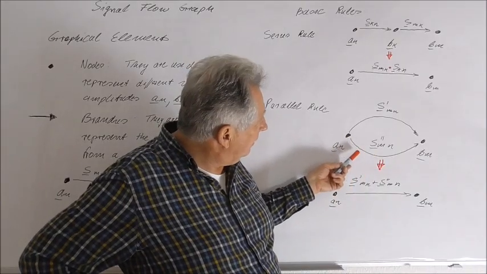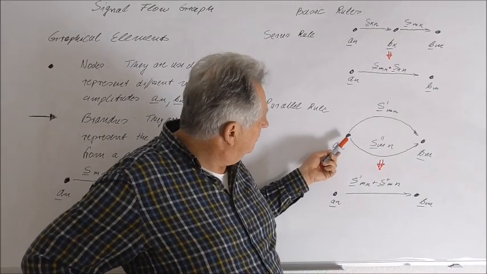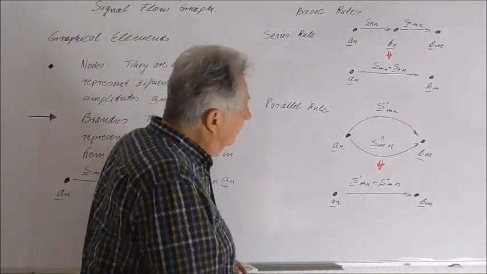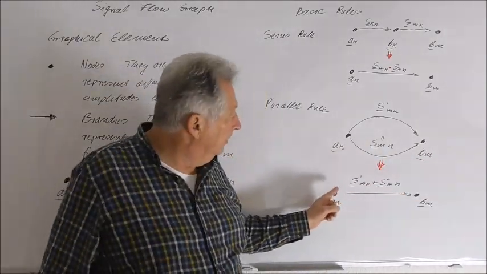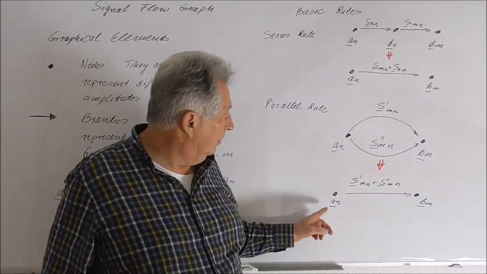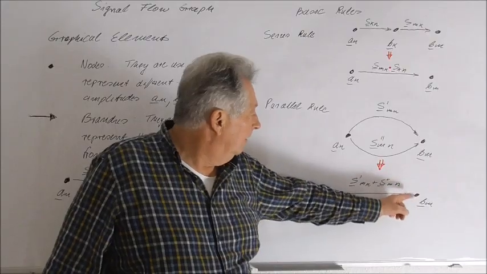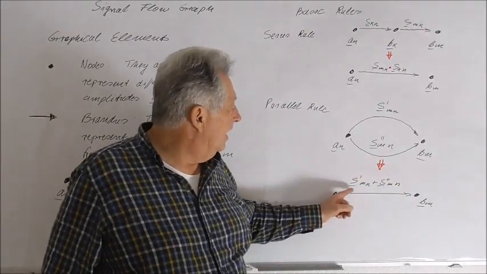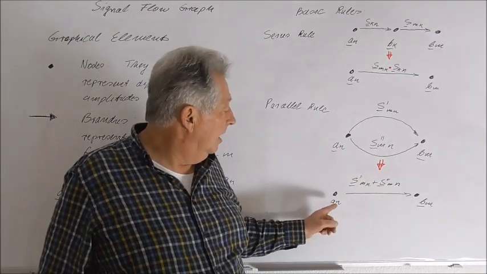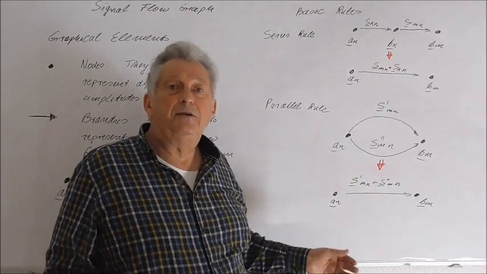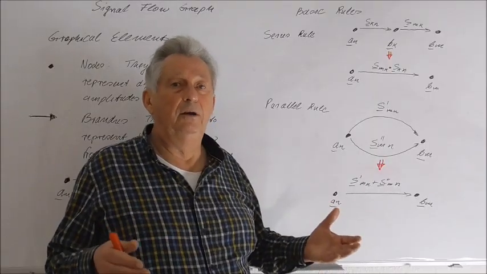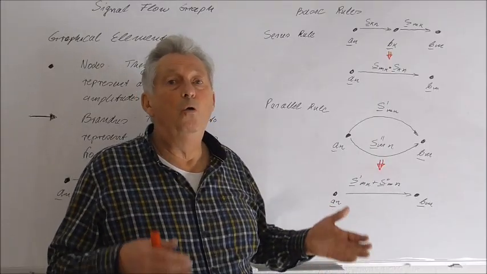So there is a second way where a certain signal flows from AN to BM. And of course then the two are given by the addition of both elements. So in total BM is given by SMN prime plus SMN double prime times AN. And in the next step we will discuss a more complicated rule, the so-called loop rule.